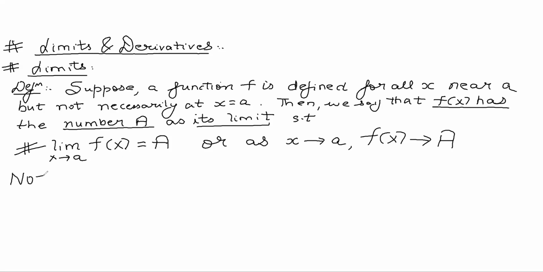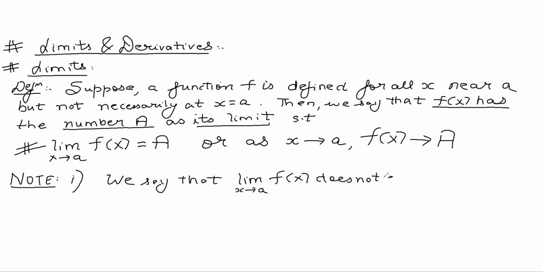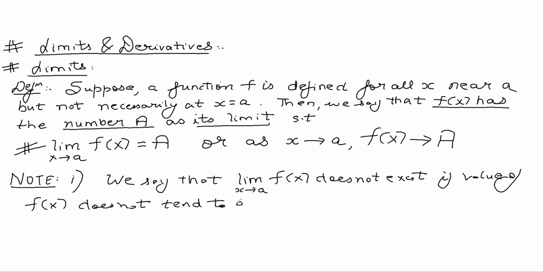Let us write a note. So within note point 1, we say that limit as x tends to a, f of x does not exist if the value of f of x does not tend to any fixed number as x tends to a.